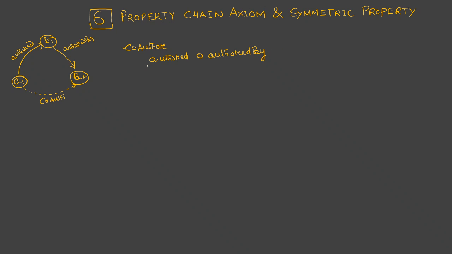If two elements, in this case A1 and A2, are connected via this chain, then we say that A1 is a co-author of A2.